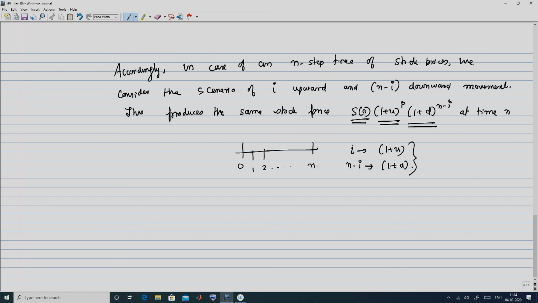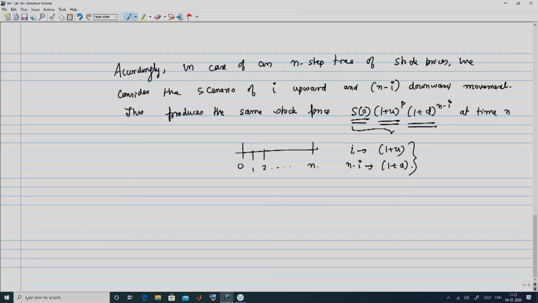to n. So, if I is equal to 0, that means that right from the beginning to the end there is going to be no upward movement, and it is going to be all downward movement. If I is equal to 1, that means from 0 to n you will have only one upward movement at some single time step, and for the remaining time steps you will just have downward movements and so on.